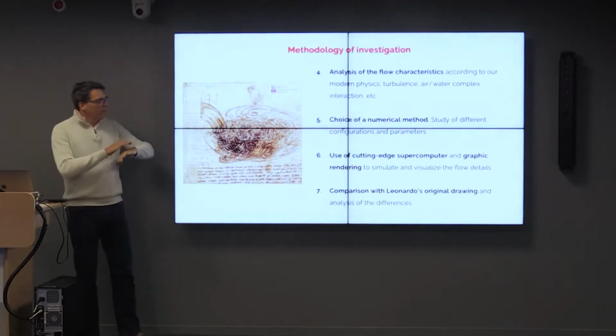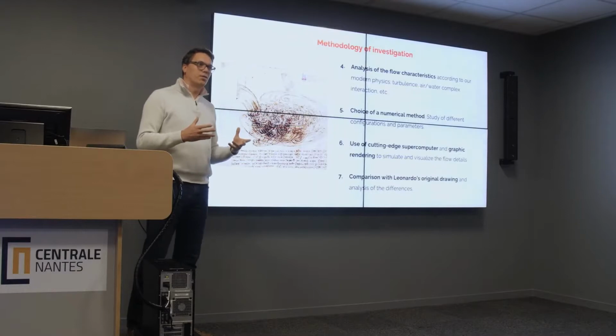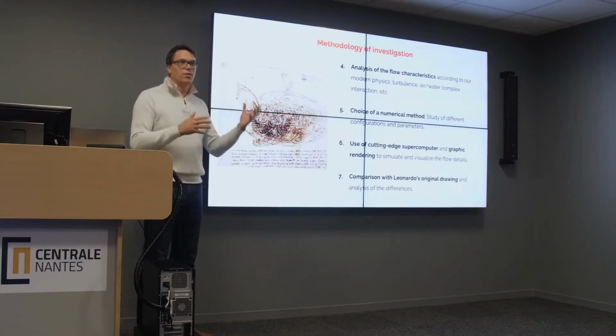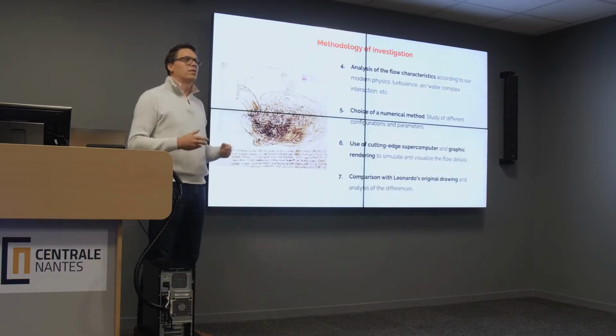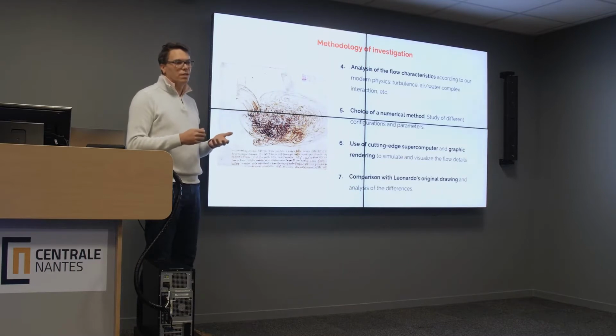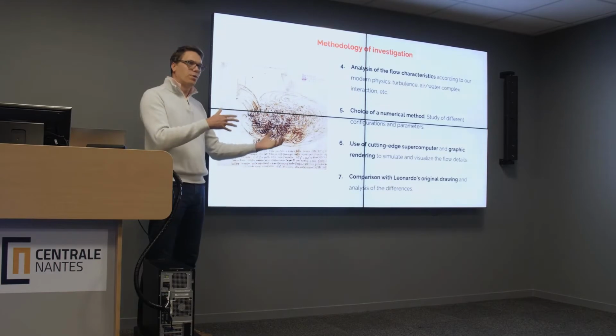Then, once we were rather convinced we would be able to do something with a numerical simulation, we chose a numerical simulation, and we studied different configurations, different setups, we made different assumptions, etc. At some point, there was the need of using a very big simulation, so we were compelled to use a supercomputer.